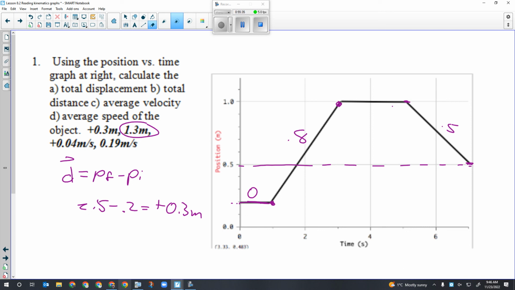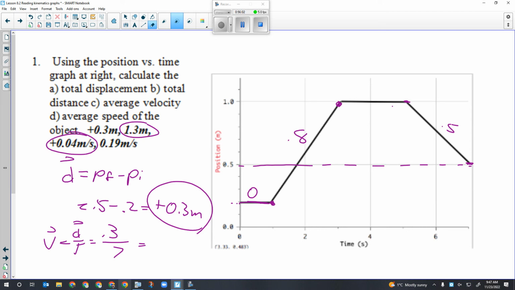All right, if I want the average speed, average velocity, have I already done half the work for that? I already calculated the thing that goes on the top of that equation right here. Average velocity equals total displacement divided by total time. That's 0.3 over 7 seconds, so that's going to give us positive 0.04 meters per second.